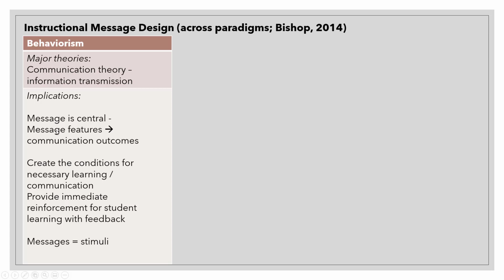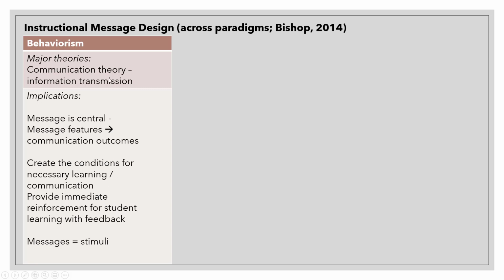The message should have certain features in order to accomplish the desirable communication outcomes. In other words, if we just design the message right, then people will take the right message from it. It will send the right information. It will create the conditions for necessary learning or communication, and provide immediate reinforcement for student learning, with feedback.